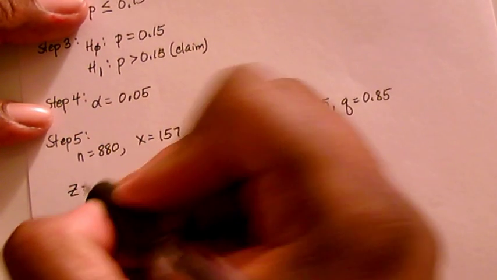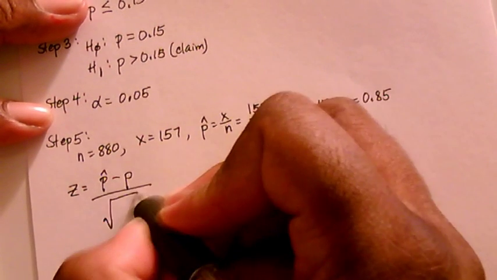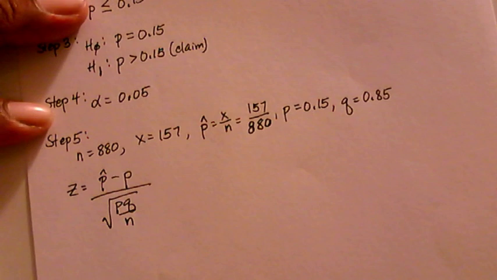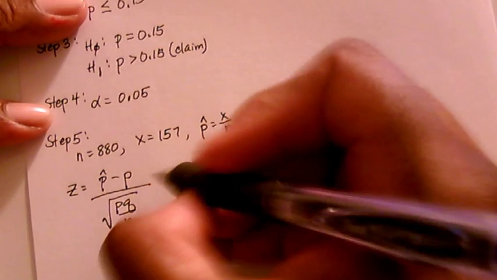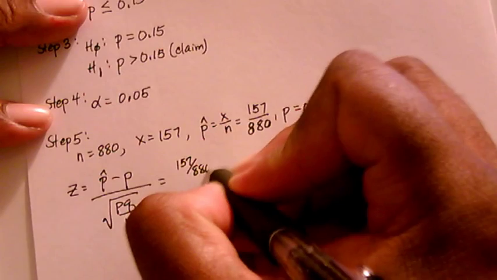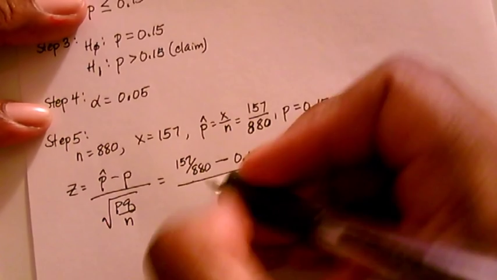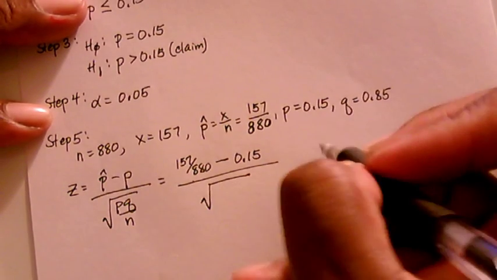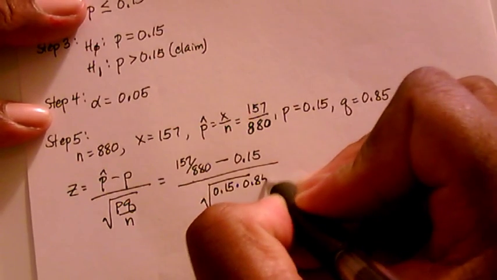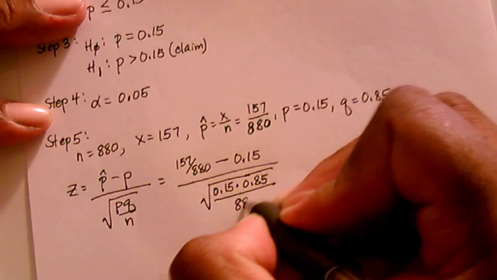And that's Z is equal to P hat minus P divided by the square root of PQ divided by N. P hat in this case is that 157 over 880 minus P of 0.15 divided by the square root of P is 0.15 times Q, that's 0.85, all over N, which is 880.